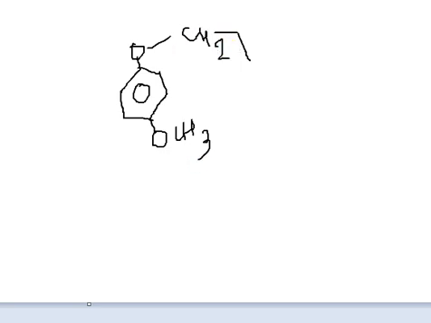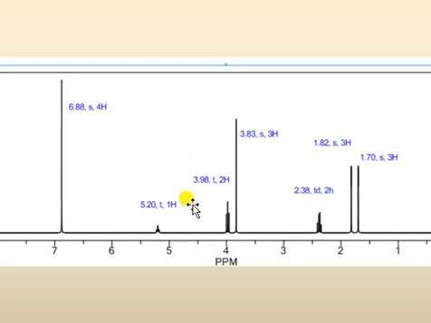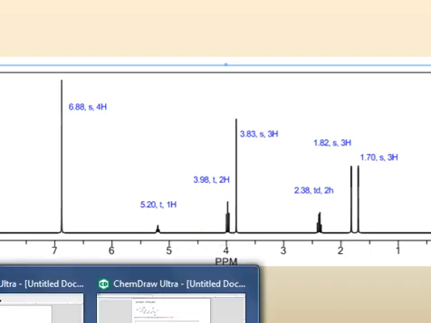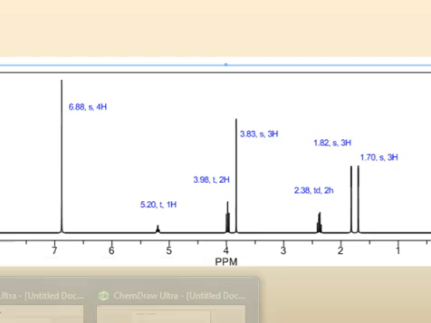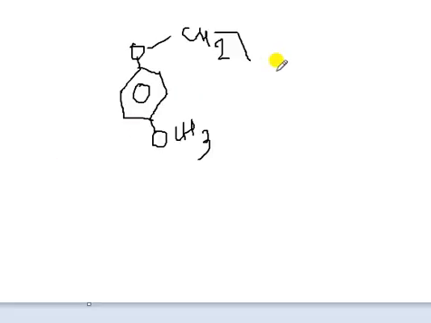This proton, I am telling about this one, how can it be a triplet? Because definitely another CH2 group is attached. If another CH2 group is there, then only it will come as a triplet. So another CH2.